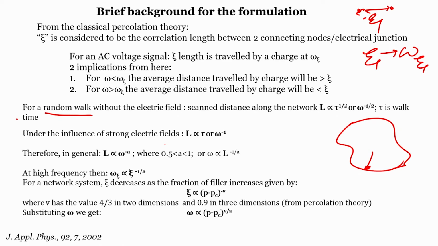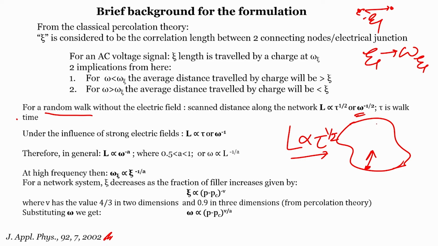Without electric field, the scanned distance, it has been found from mathematical derivations which can be referred to from this particular article, is proportional to the square root of the time lapsed in scanning that distance, or correspondingly the inverse of the square root of the frequency.